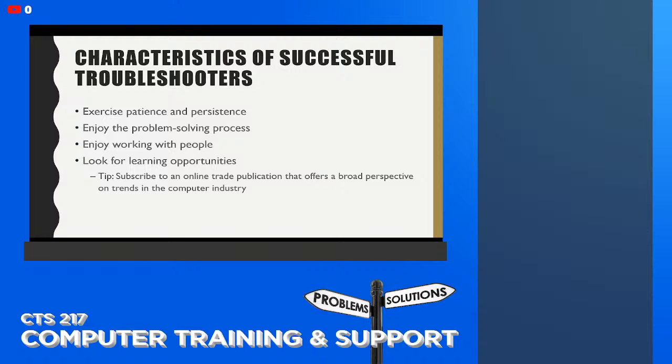A basic awareness, knowing that maybe when your company is introducing something new, you might want to study that specific thing so you can prepare yourself. And knowing how to use your resources to figure out and learn about new problems as they arise. One of the tips that we have here is to subscribe to an online trade publication that offers a broad perspective on trends in the computer industry, just so you can have an understanding of where things are going.